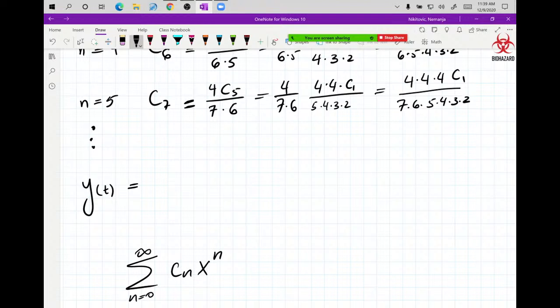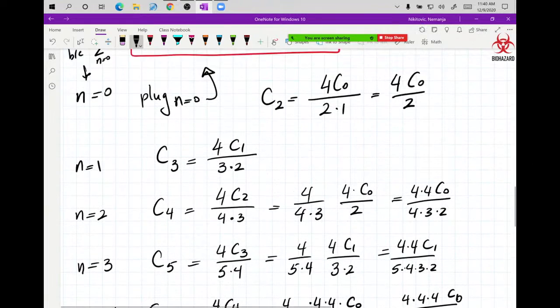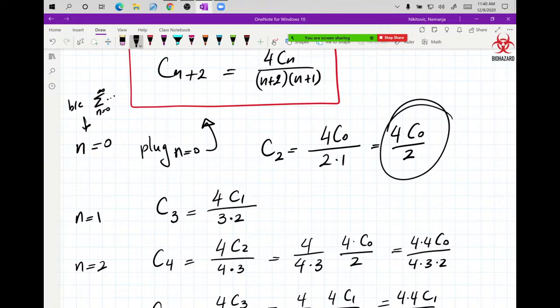When I plug in 0, I get C0 times x to the 0. Plus, next time around is C1, and then x to the 1. Plus, next time is C2. Hold on. Where is my C2? There is my C2.